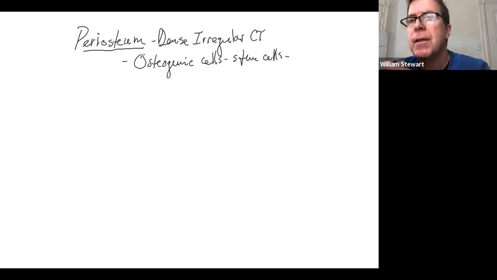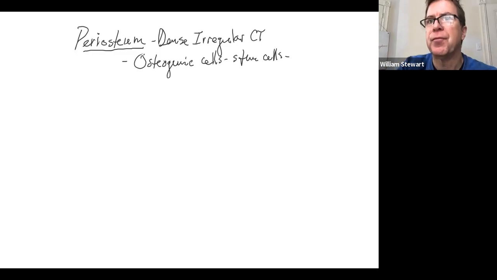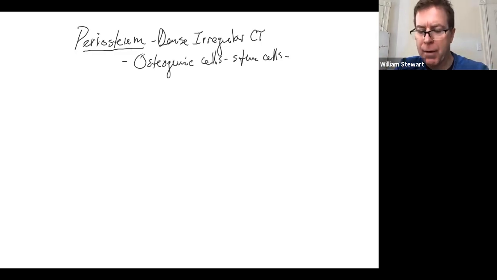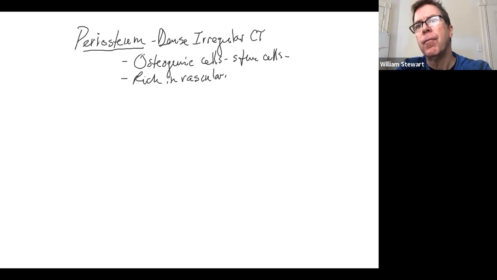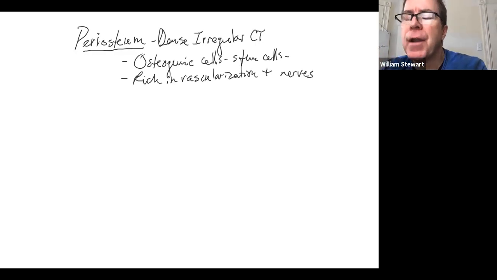And these osteogenic stem cells, they give rise to new bone. Also, the periosteum is very rich in vascularization and nerves. So it's where blood vessels enter and exit the bone tissue. It's also where nerves enter and exit the bone tissue.